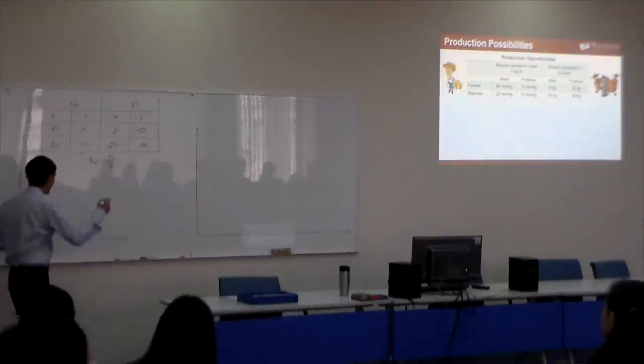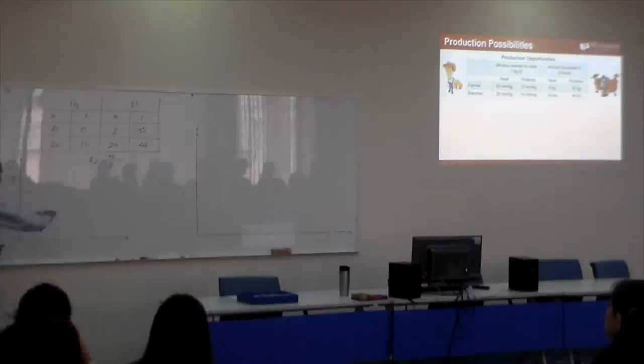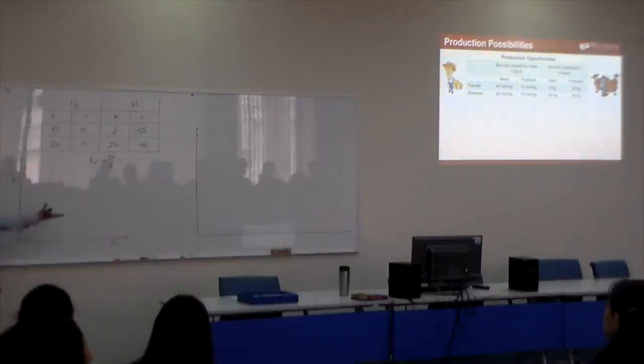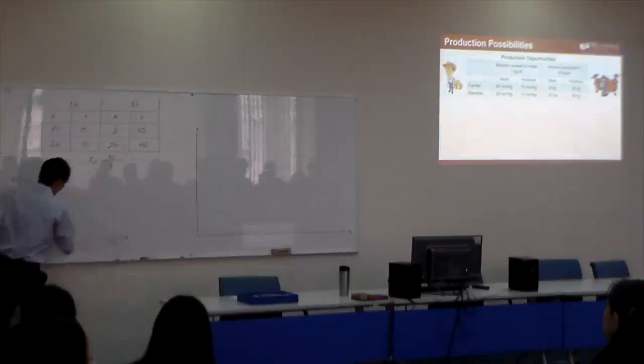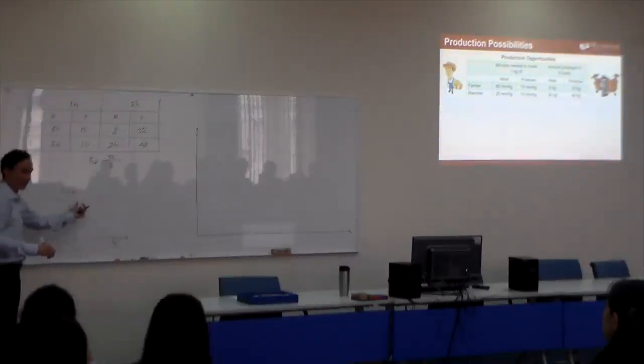Or let's go further to the production possibility frontier. If farmer spends all of his time on production of meat, he is able to produce 8 kilograms of meat. If he spends all of his time on production of potatoes, he is able to produce 32 kilograms of potato. Which means, if we draw this line, it gives us the PPF of farmer, the production possibilities frontier.